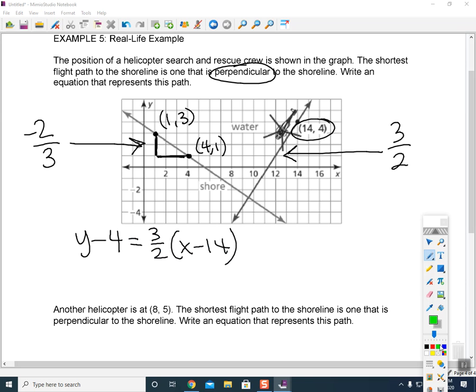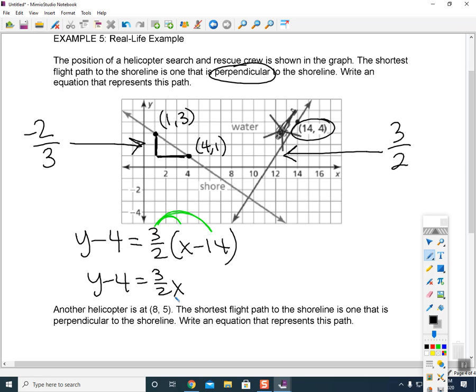Okay, then I'm just going to do my distributing. This should feel pretty comfortable by now. y minus 4 equals 3/2 x. And then something that I like about multiplying by 3/2 or 1 1/2 is that you're taking the whole value and then adding half of it to it. So my whole value of 14, half of it is 7.